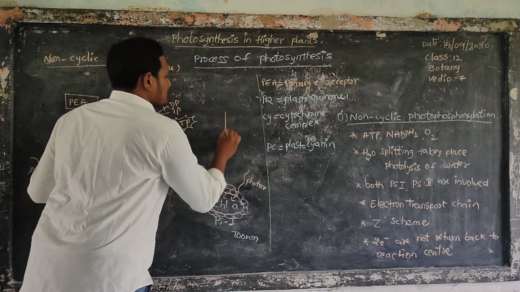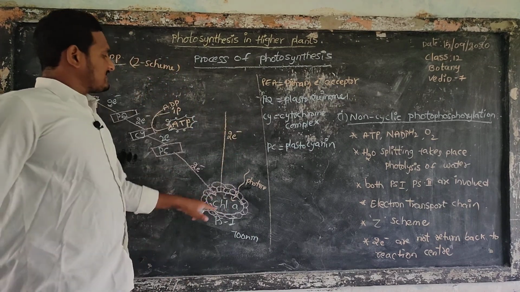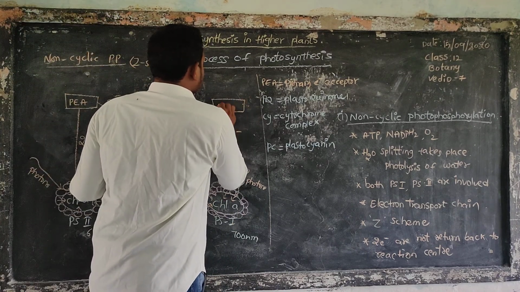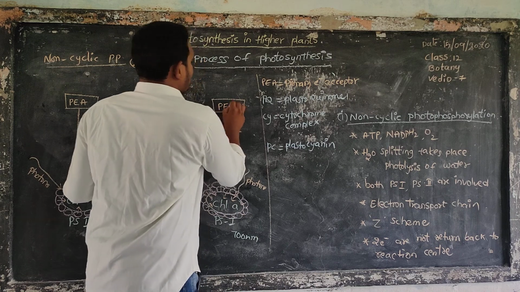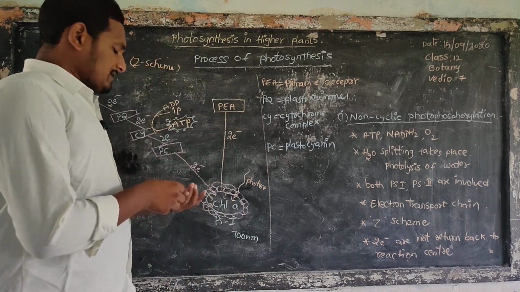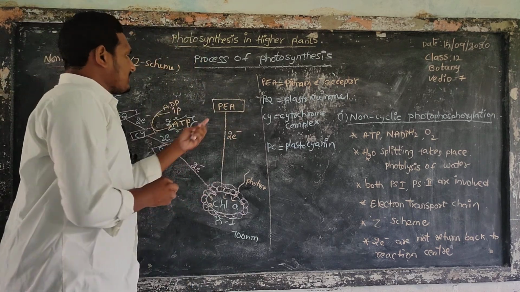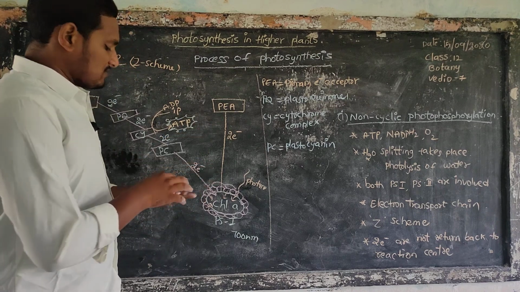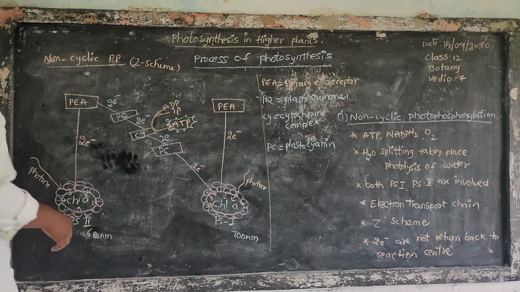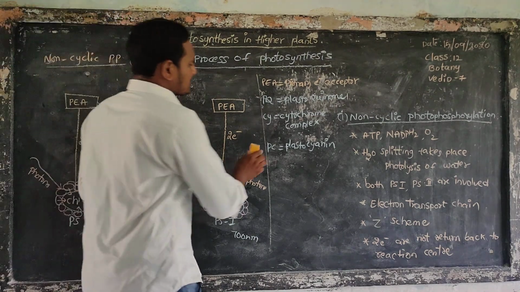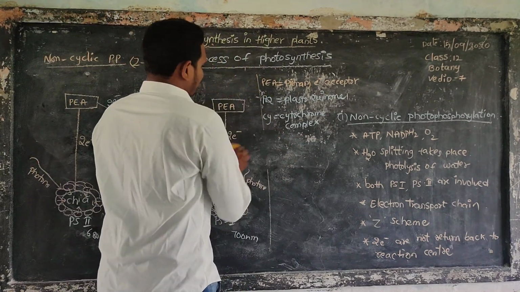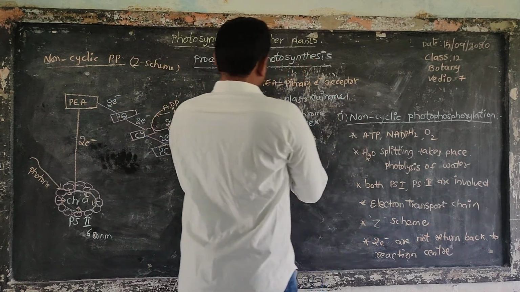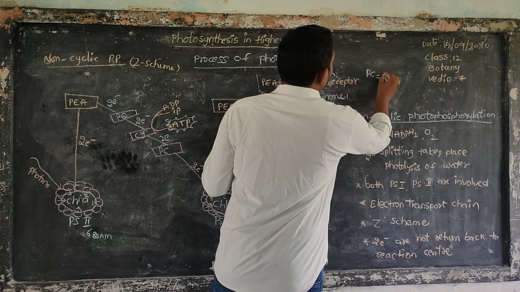This chlorophyll A sends its pair of electrons to the primary electron acceptor. This primary electron acceptor also sends these electrons to a small electron transport chain. Here we write plastocyanin.